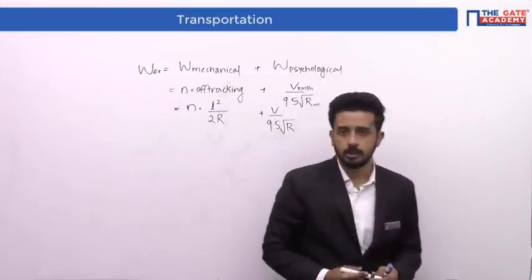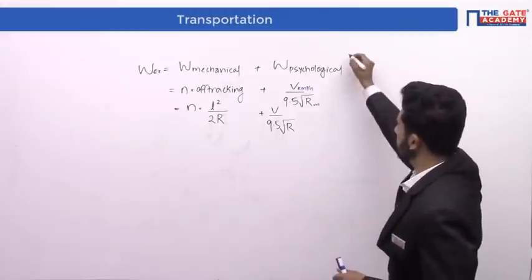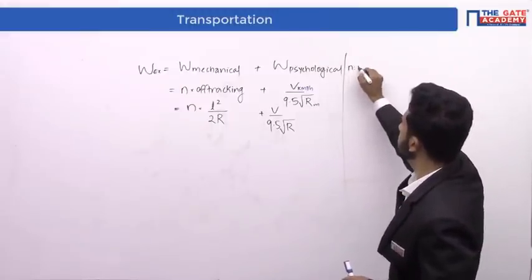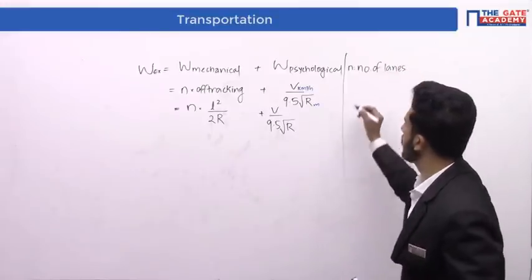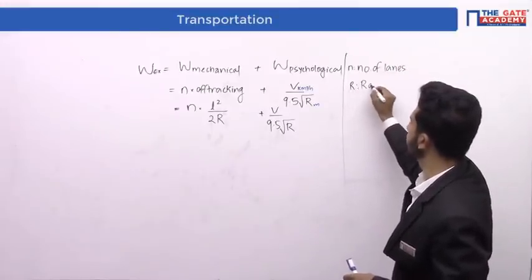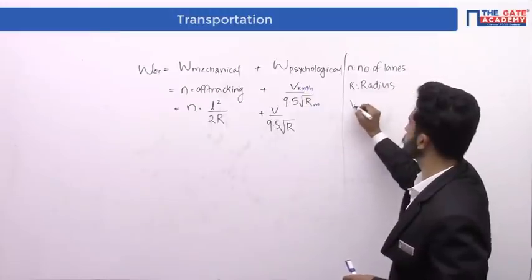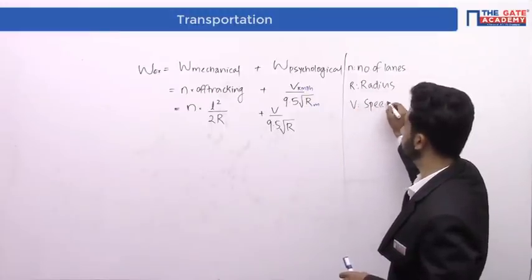Now, what are the terms? N is the number of lanes. R is the radius of the curve. V is the design speed.